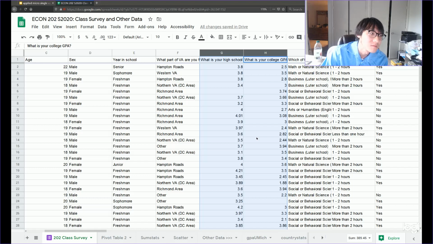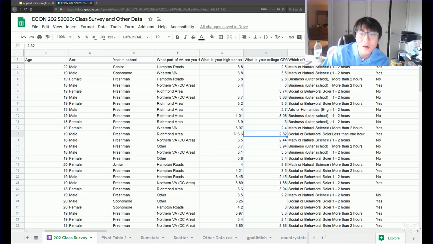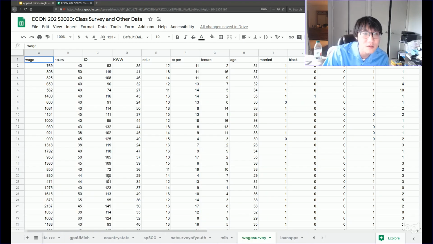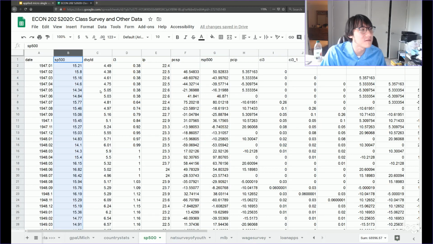If you were to list all of the different unique values, there would be potentially tens or even hundreds of these. It could be 3.5, it could be 3.1, it could be 4.12, 4.13, etc. Some other examples of continuous variables: somebody's wage is a continuous variable because your wage could pretty much be anything, a very large range of possible values. The value of the S&P 500 on a given day is a continuous variable because it can take on a large range of possible values.